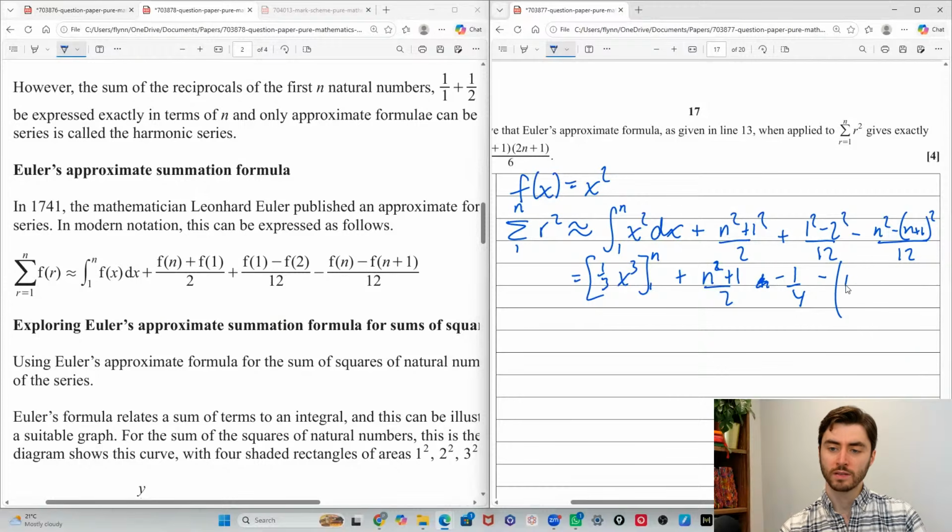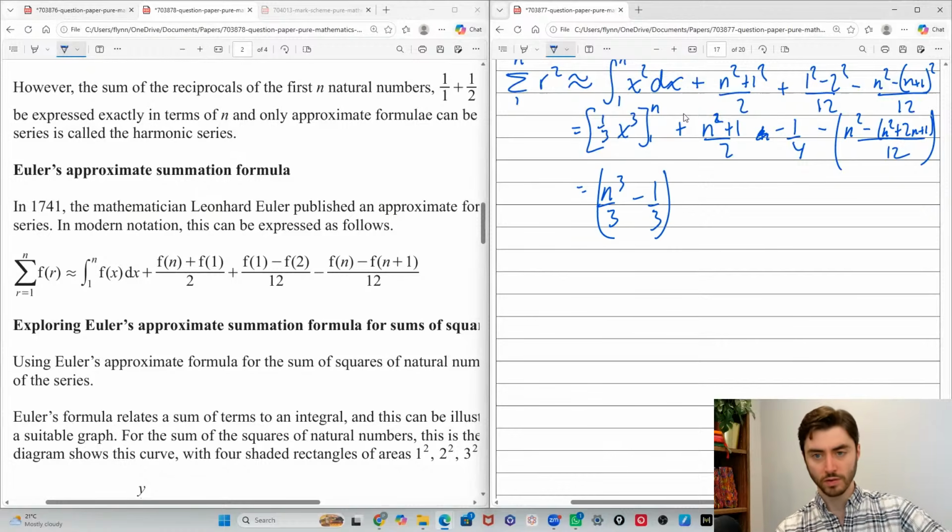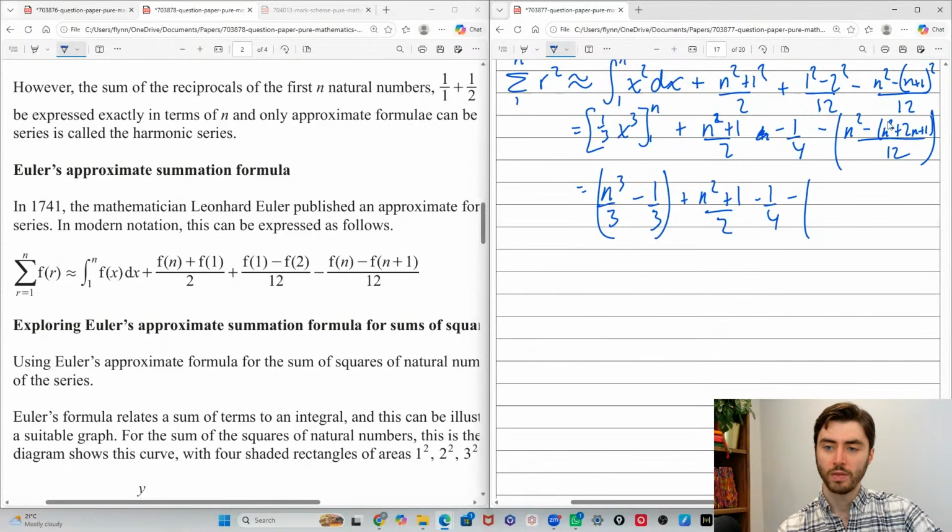Minus, and I'm going to bracket this off, so that's n squared minus n squared plus 2n plus 1 all over 12. Okay. So then this will be n cubed over 3 minus a third from the integral plus n squared plus 1 over 2 minus a quarter minus, that cancels.